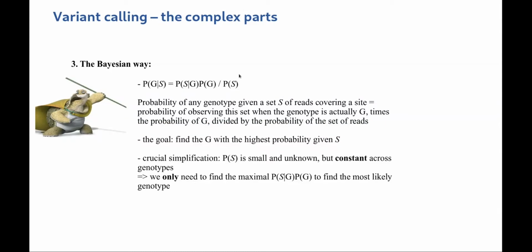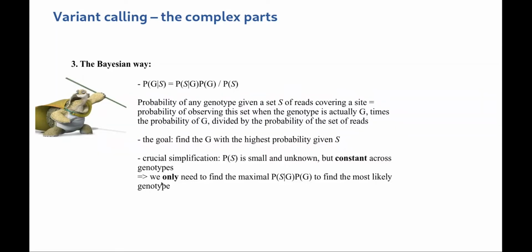So that denominator here is a constant, and if it's a constant and we're only interested in finding the maximum probability given the set of reads, then we don't need it.